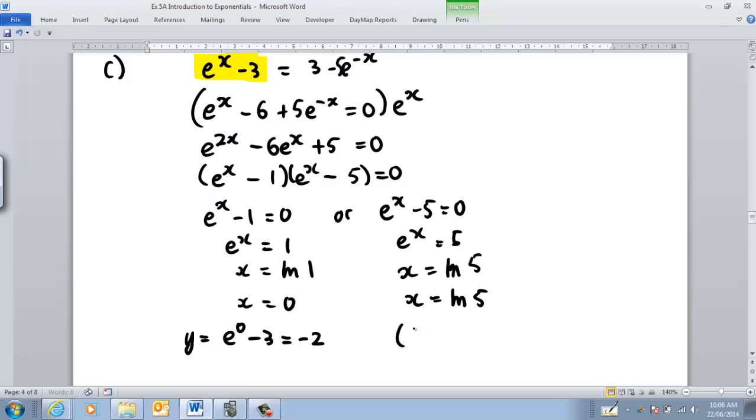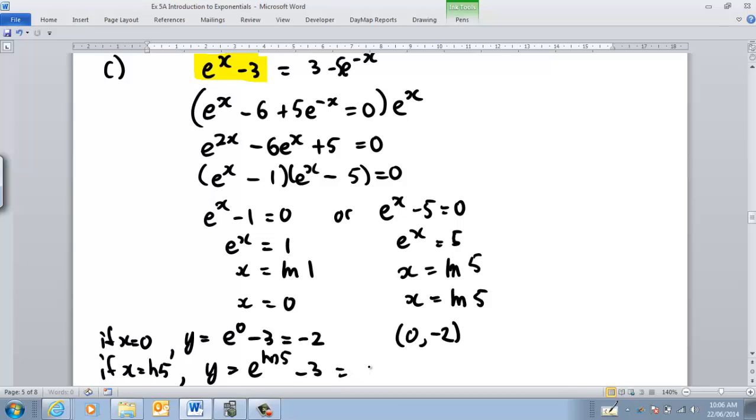So if x equals 0, the point that we've got there is (0, -2), which we found. If x equals ln of 5, then y is equal to e^(ln 5) take 3.